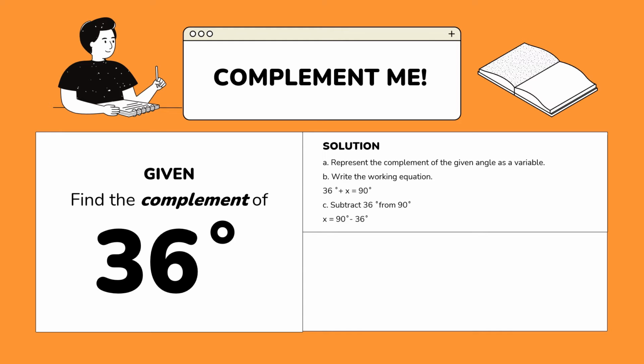Since we are going to find its complement, we subtract from 90 degrees. So x will be 90 degrees minus 36 degrees. We will get the measure of the complement, which is x, 54 degrees. The complement of 36 degrees is 54 degrees. Do you have the same answer? Very good.